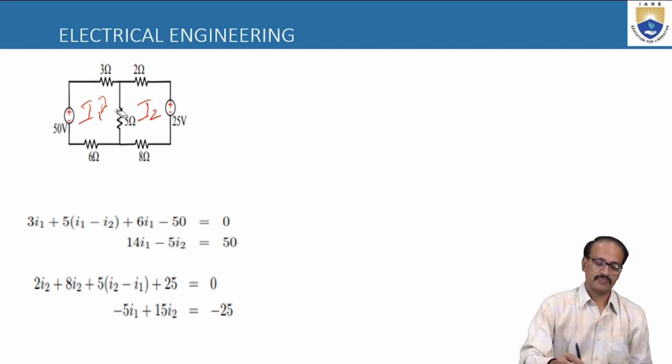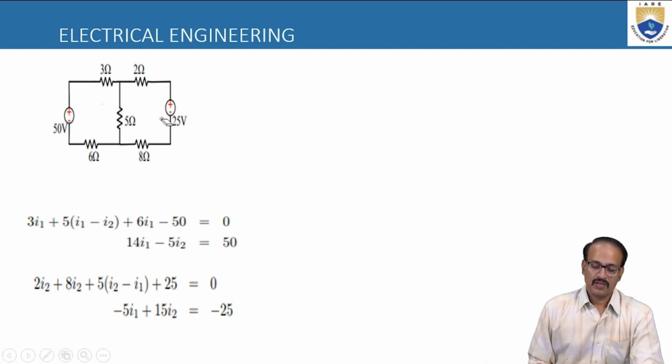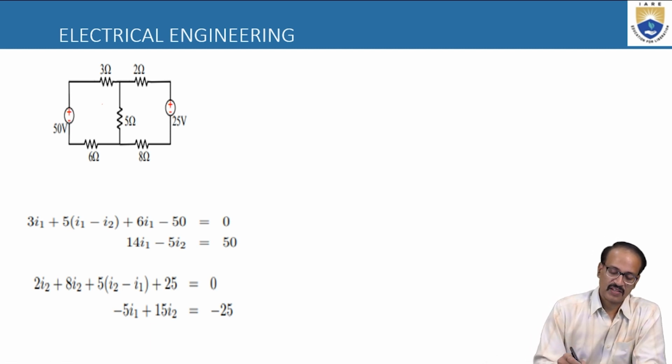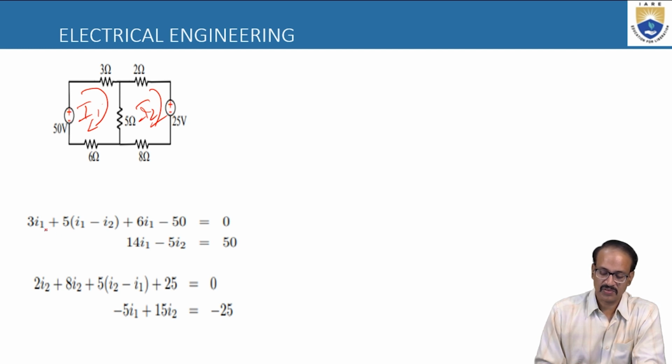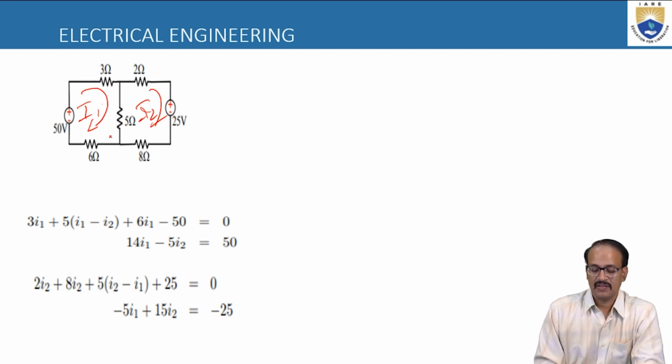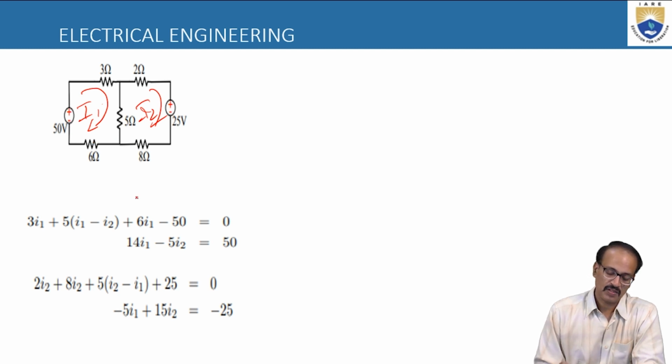So first I have assumed the currents I1, I2. So 3I1 plus 5(I1 minus I2), since I am referring to the first loop.